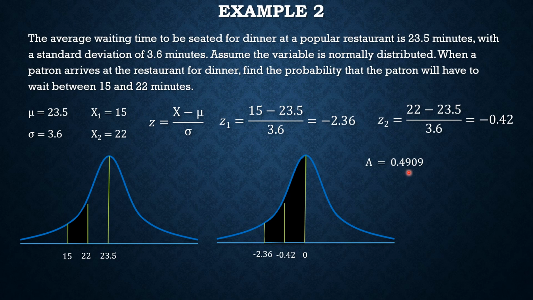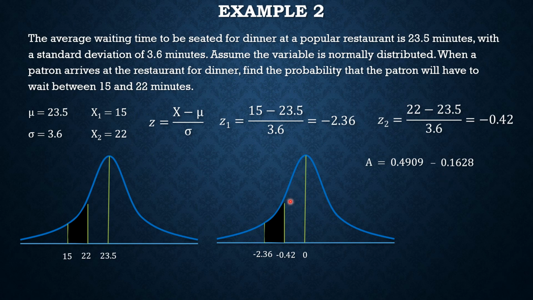Kailangan meron kang hawak na z-table para dito. And of course, isusubtract lang natin itong portion na ito. Ibig sabihin, subtract natin yung area from 0 to negative 0.42. Para makuha natin yung hinahanap natin na ito. So, the value is 0.1628.